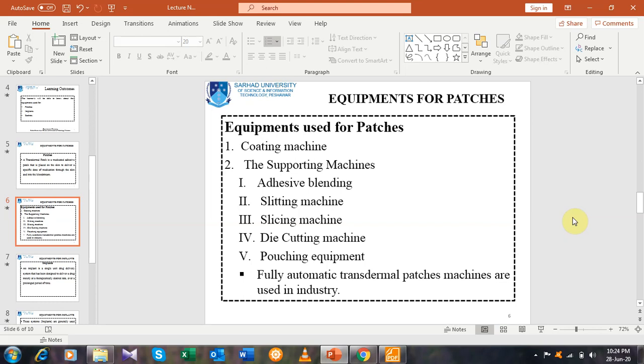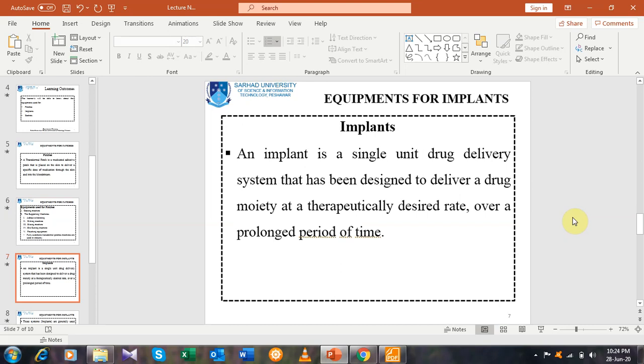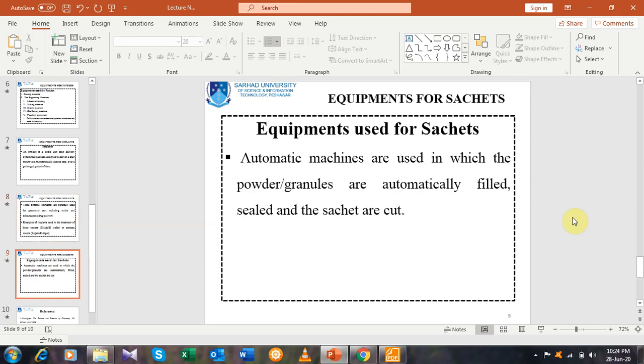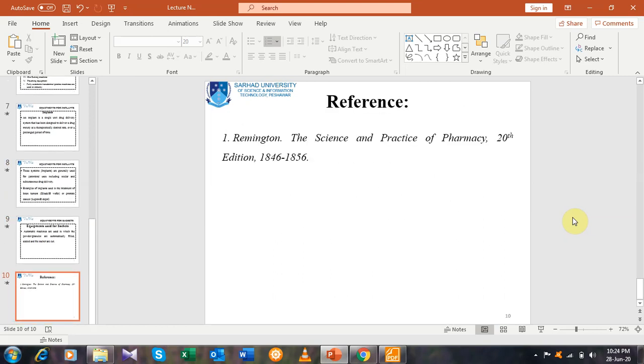Remember that fully automatic transdermal patch machines are available in the pharmaceutical industry, and I have told you about the implants and examples of implants, as well as the equipment used for the sachet fully automatic machine, along with the reference, that is Remington, The Science and Practice of Pharmacy, 20th edition, pages 1846 to 1856.